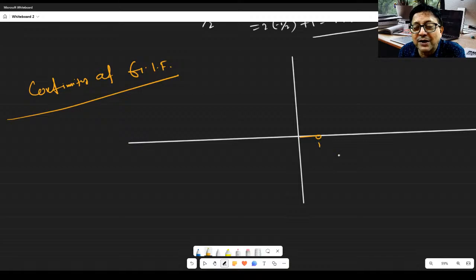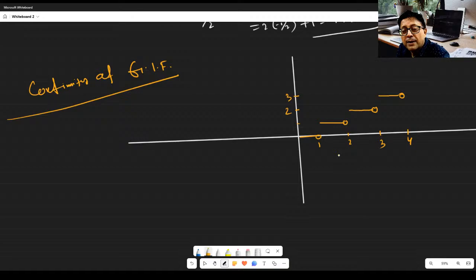Okay. So this point is 1. Next one is this, up to the point 2. It has value equal to 1. Then up to the point 3, its value is equal to 2. This you know. Up to the point 4, its value is 3, 1 less.